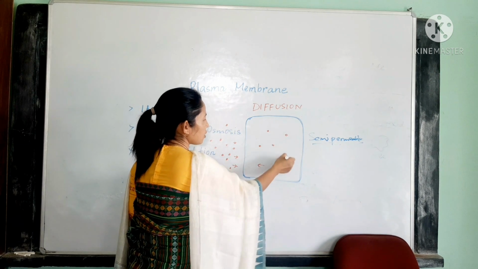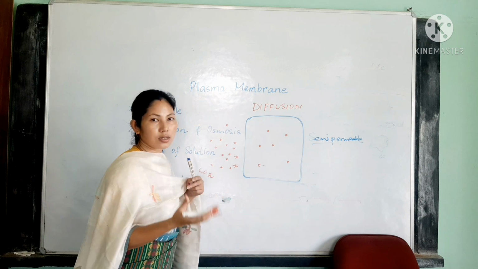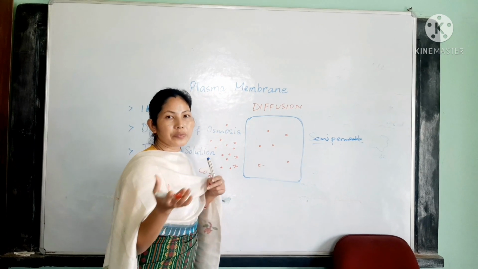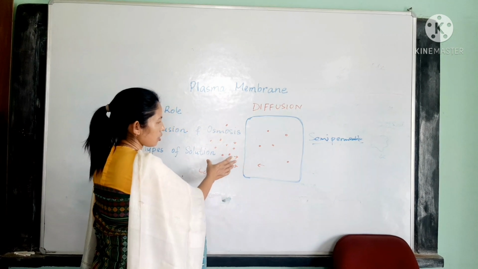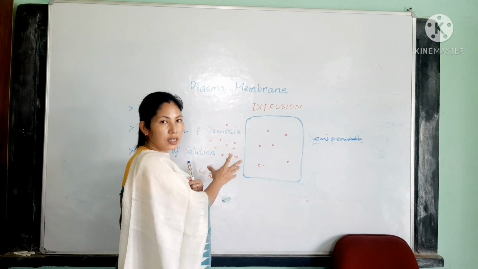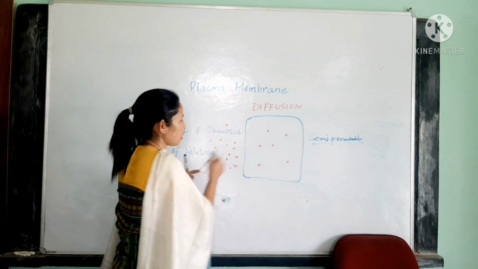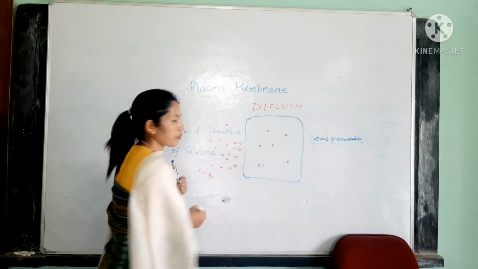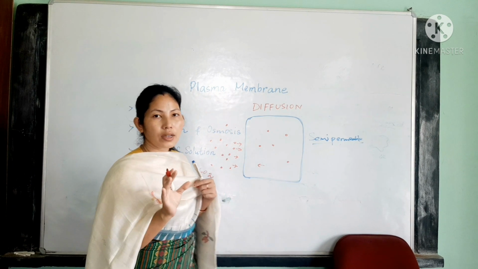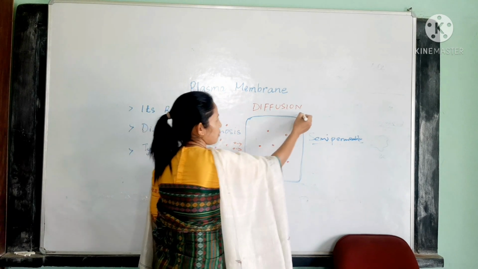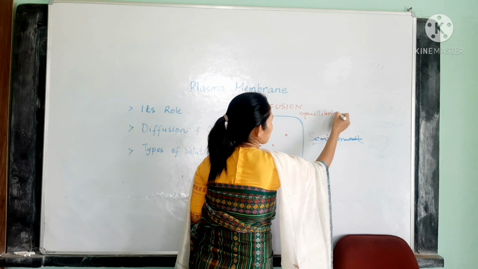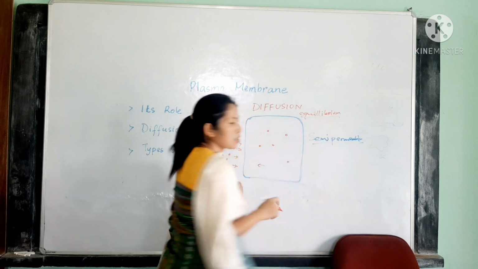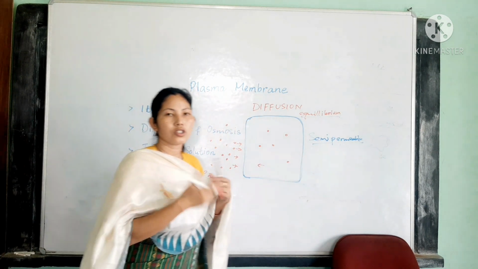So this red circle or red dots, let us suppose, is the carbon dioxide molecule inside the cell. Now we can see here the concentration of carbon dioxide molecules is high outside the cell, so it will start to move inside, right? But until when? Until equilibrium is reached. Until it reaches equilibrium, the molecules will continue to move.